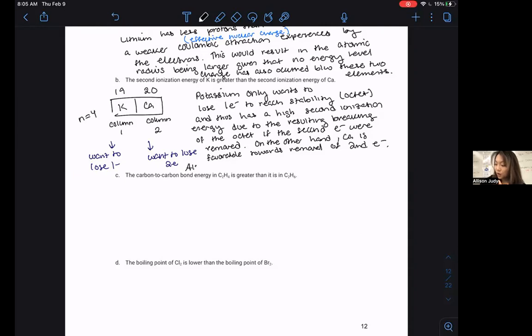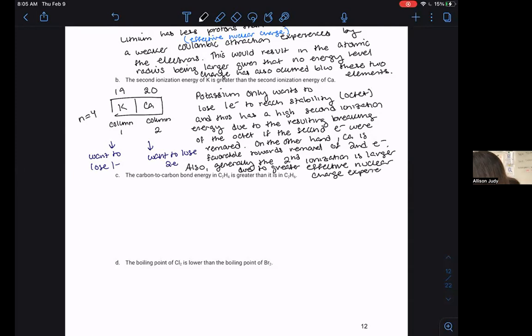So we could also say, generally, the second ionization energy is greater due to greater effective nuclear charge being experienced. So that's one way you could explain it.